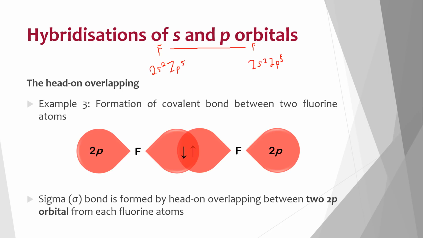So fluorine number 1 and fluorine number 2 will form a bond by overlapping both of their p orbitals. The sigma bond for the formation of covalent bond between the fluorine atoms is formed by the head-on overlapping between two 2p orbitals from each fluorine atom.